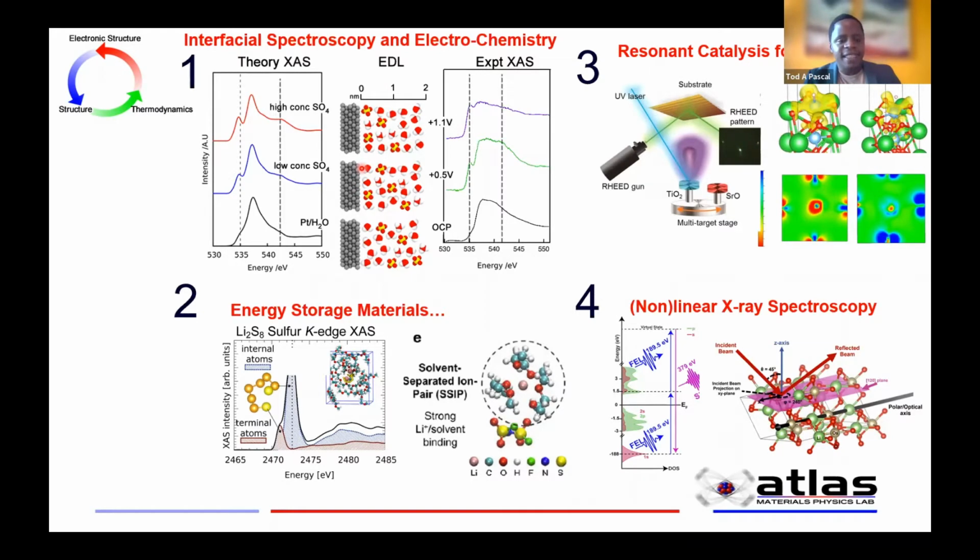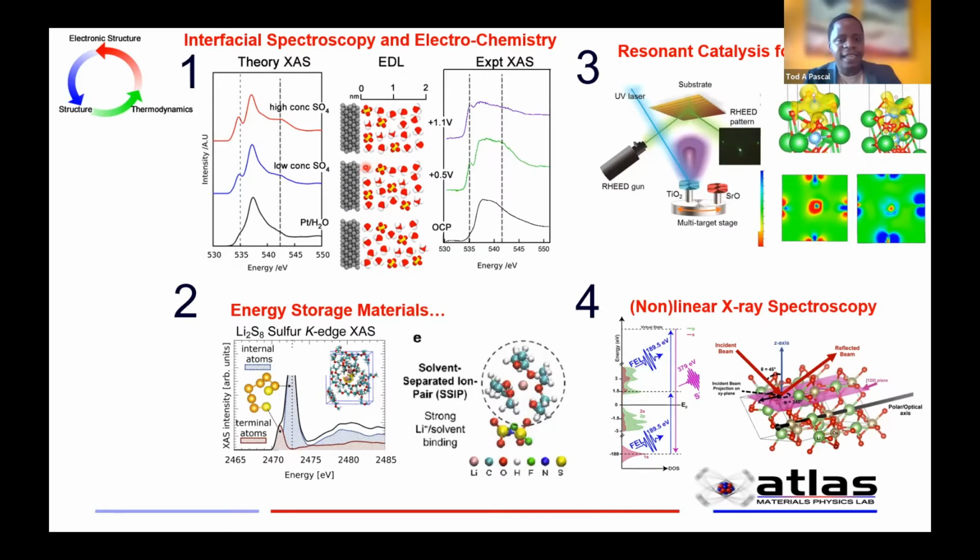And using XAS, we were able to point out that the typical picture people think about, when you charge this platinum interface, is wrong. If you look in your textbooks, at least I had to go back and check this, most of the textbooks would say that over a certain voltage, you start forming platinum oxide on the surface.